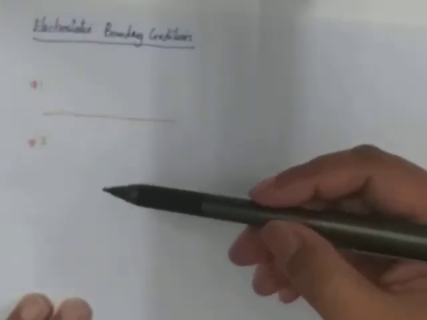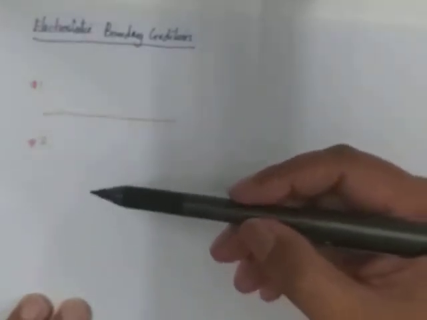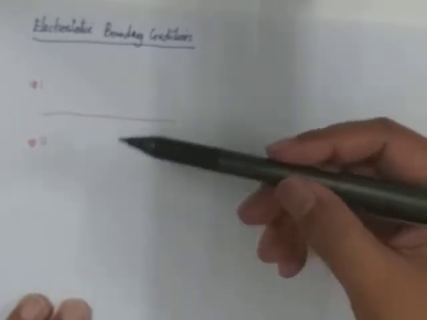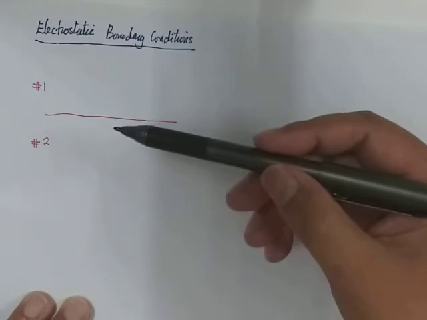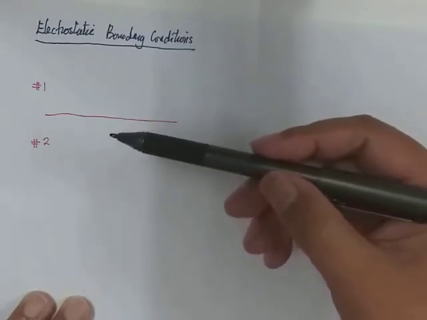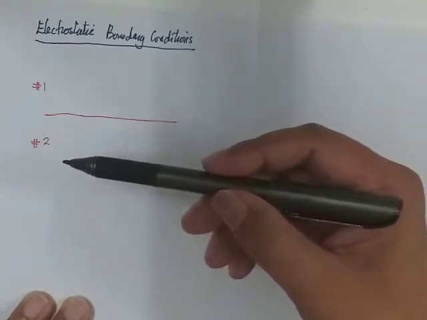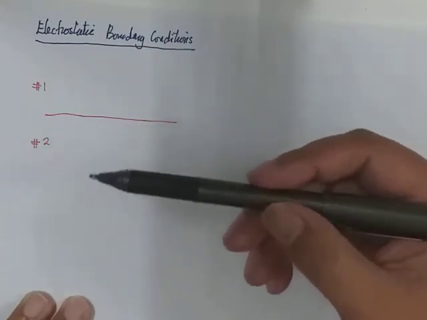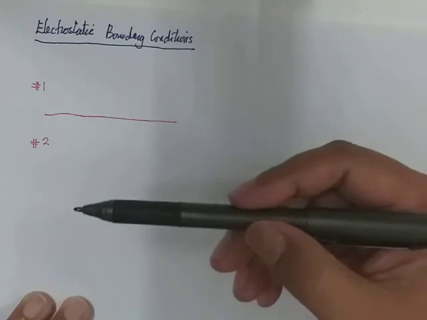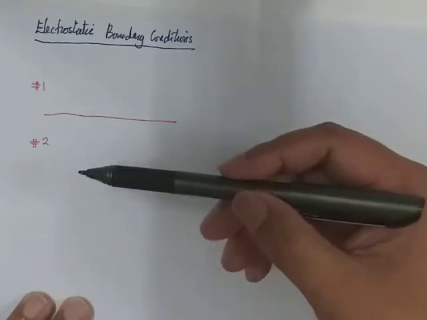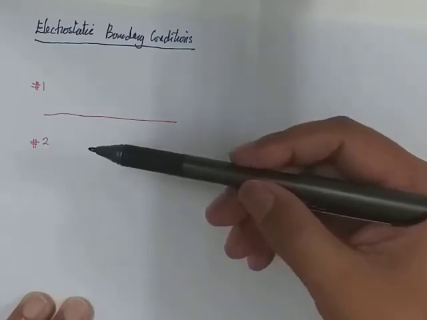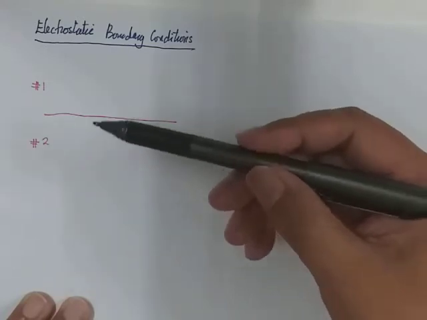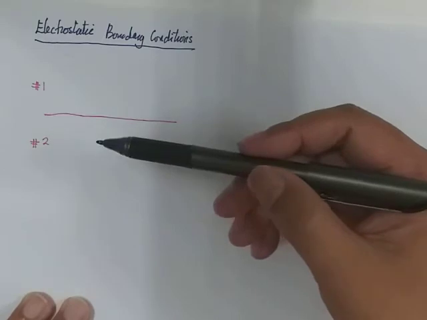And why can I take light as an example? Because light is an electromagnetic field, and we know that an electromagnetic field consists of an electric field as well as a magnetic field. So from that analogy, we can state that the direction of the electrostatic field when it propagates from medium number 2 into medium number 1 is also going to be changed.